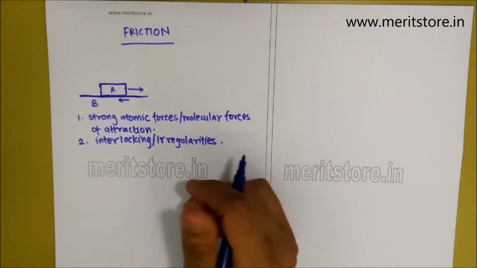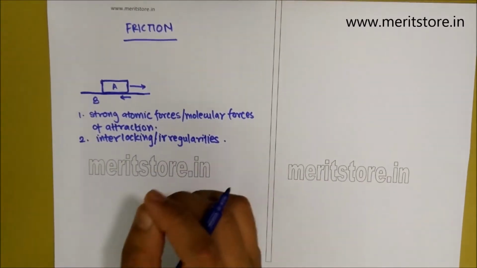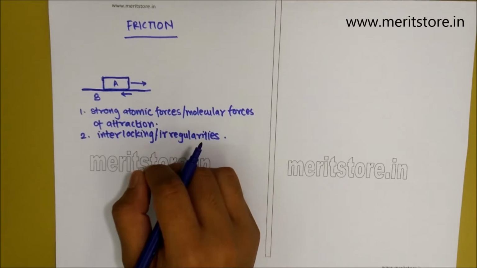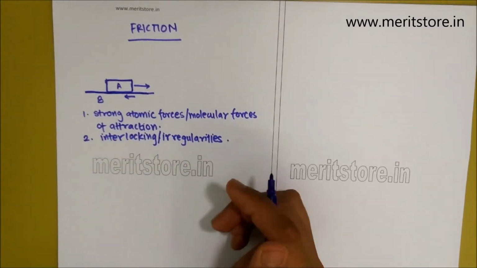So how does this frictional force come into play? This happens when there is a relative motion or even a tendency between two interacting bodies pressed directly against each other to move.